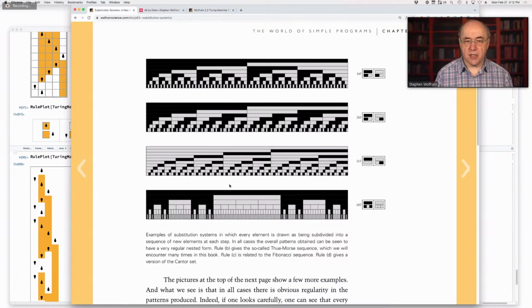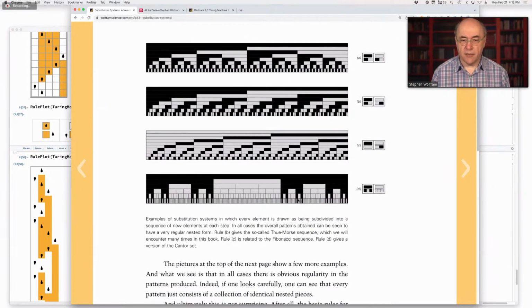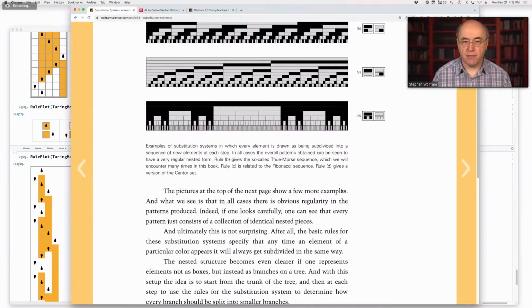This is the Fibonacci case. Again, it leads you to a structure that's never periodic. Here's one where it's constantly subdividing space. This corresponds to the Cantor set that was discussed at the end of the 1800s, in slightly different contexts, as a way of drilling down into the real numbers and selecting just parts of the real numbers.